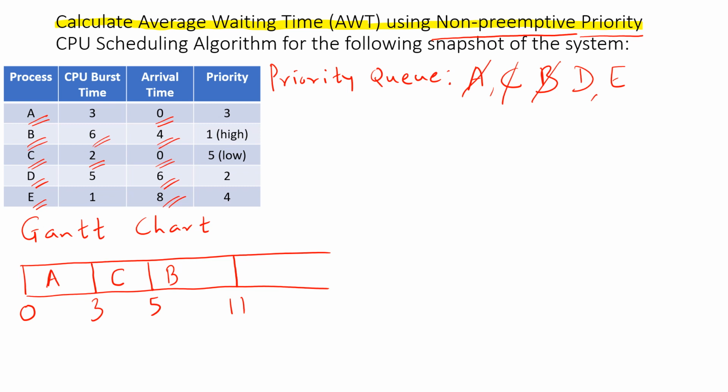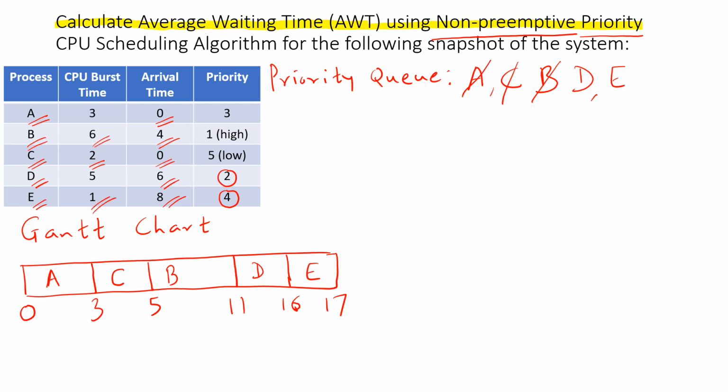Now there are no more arrivals, so out of D and E the higher priority is for D, because D's priority is 2 compared to E's priority of 4. So now D will run. D will use the CPU for the next 5 time units, up to 16. And finally E gets the CPU for 1 time unit, that is 17, because the burst time for E is only 1.